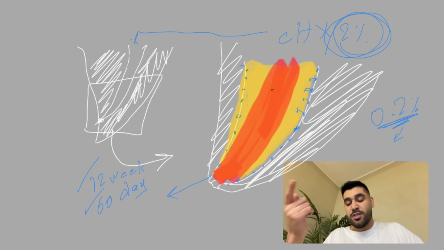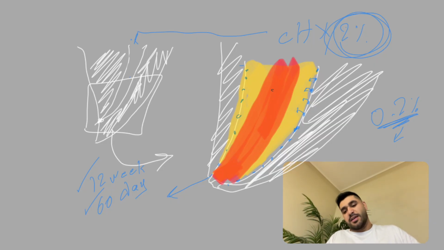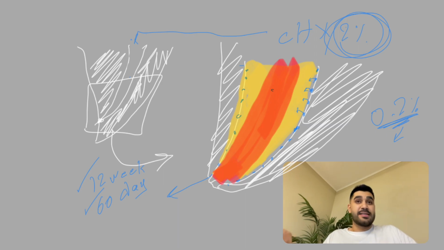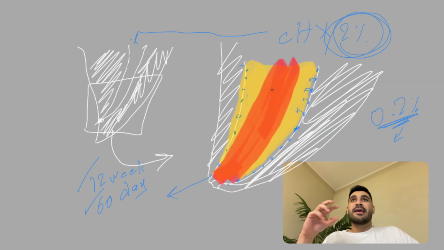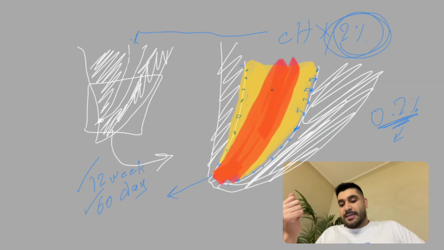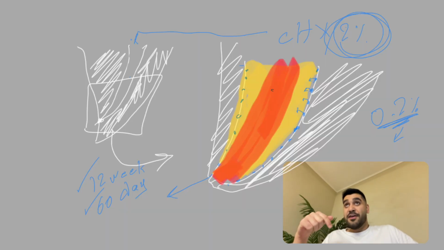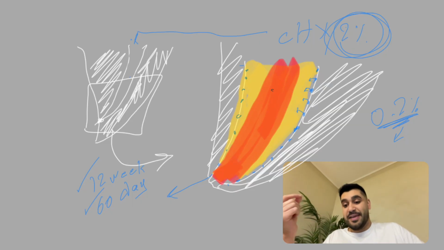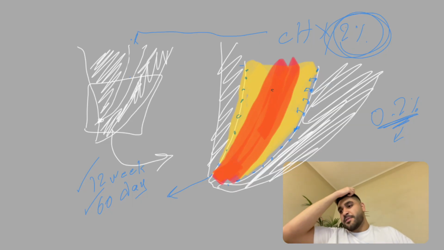But I'm not using EDTA. Very rarely I'm using it, because when I'm using sodium hypochlorite 5%, it's very strong, and it can weaken the dentin. If I use EDTA as well, my dentin will be very, very weak. That's why I'm not using EDTA.